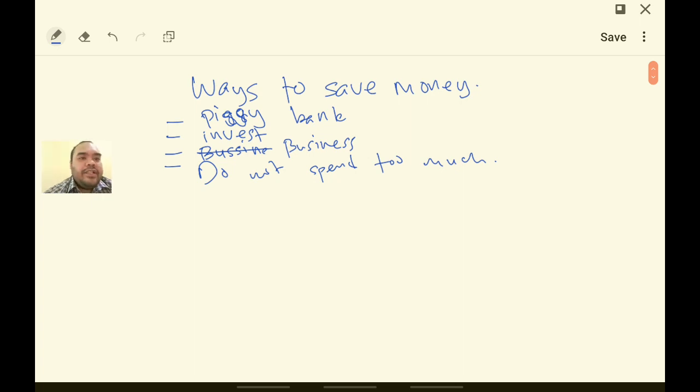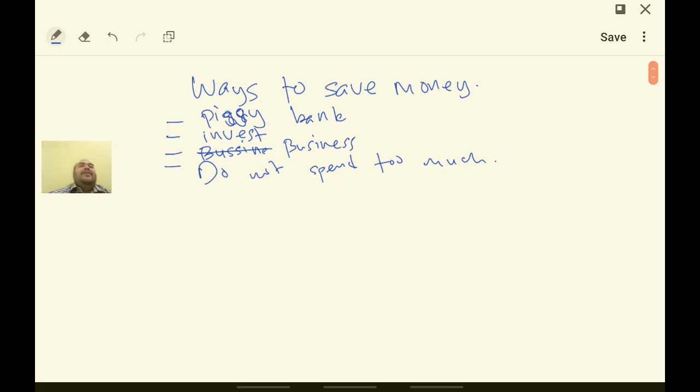You can put coins, you can put your paper money in there. Just don't worry about the amount, because as you put money in it, it will add up. And maybe at the end of the semester, you will find that you have money to be spent, or to do something, or to buy a new phone.